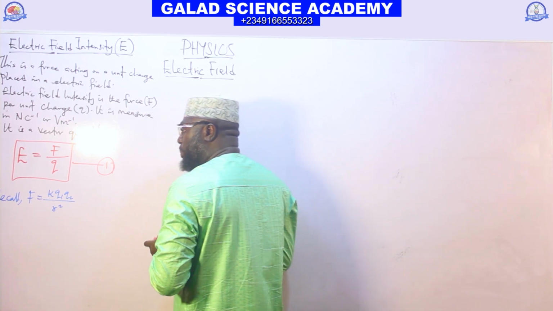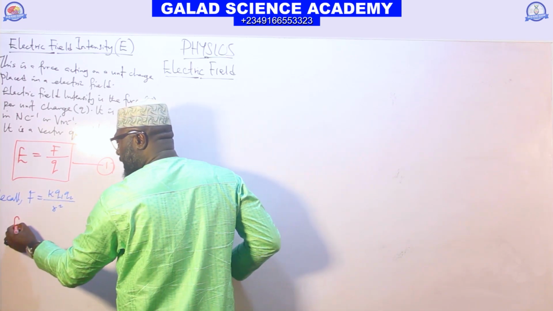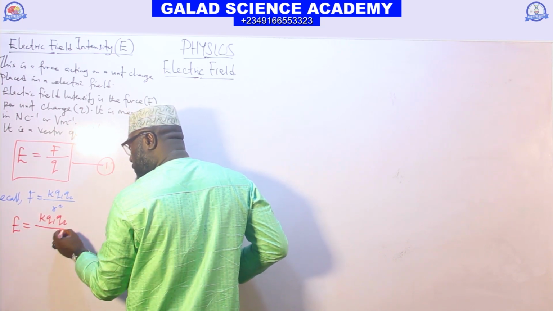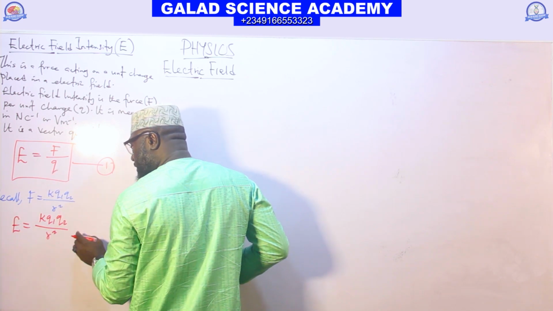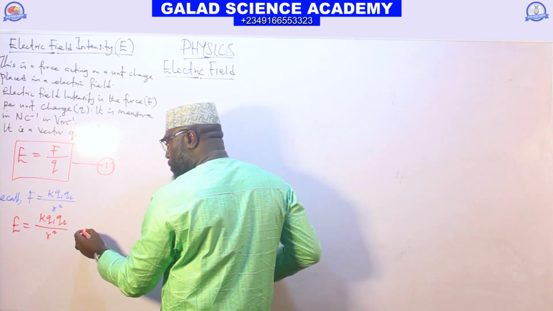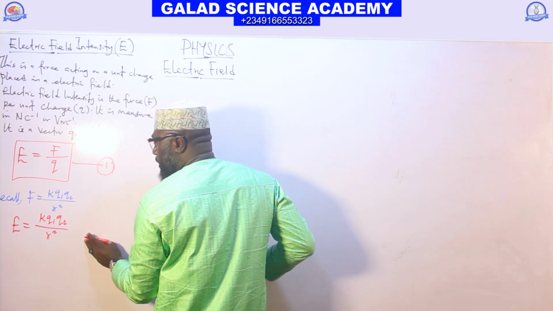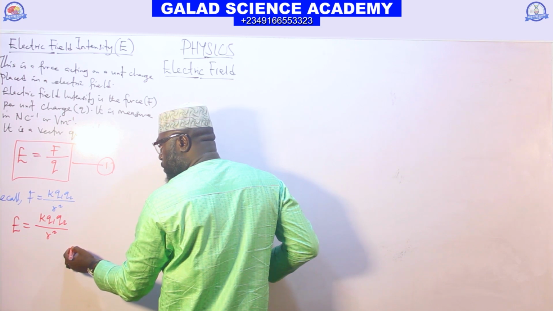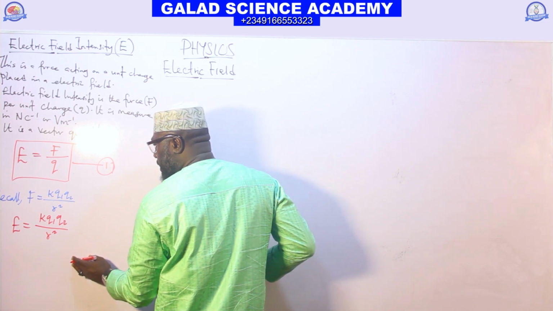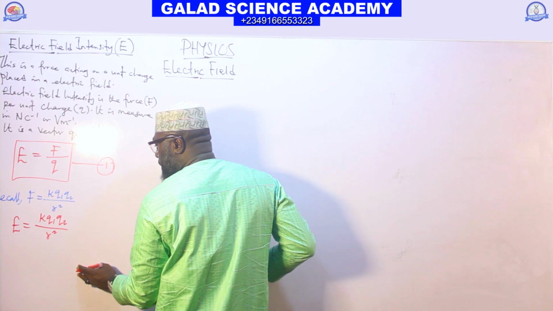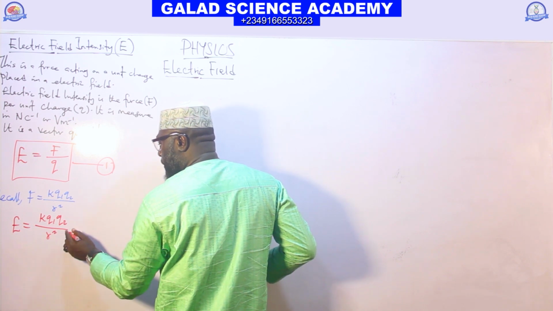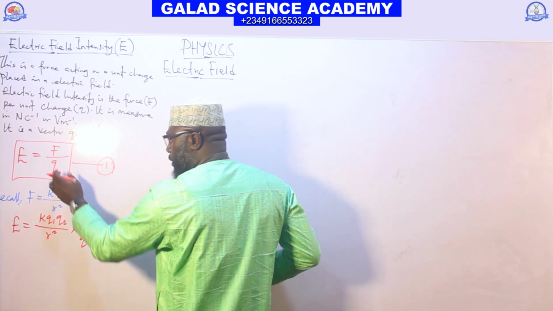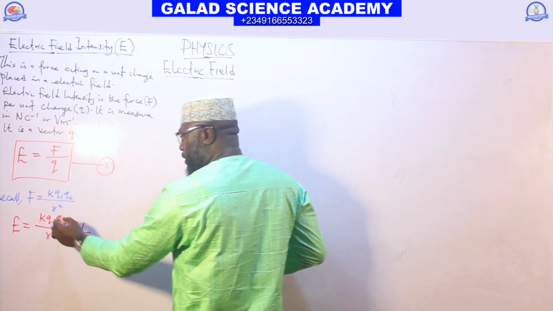By substituting for F in equation 1, field intensity will be K Q1 Q2 over R square, everything divided by Q. This is multiplied by Q. So this Q, we cancel.